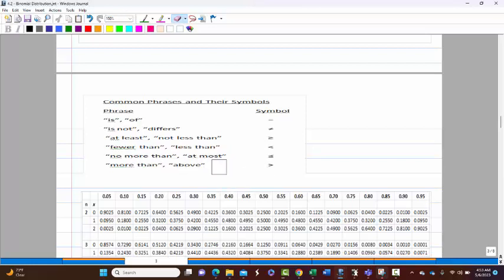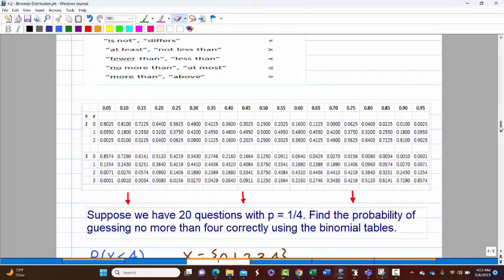No more than, at most, is less than or equal to, if it doesn't just say less than or equal to. More than, above, greater than are all the same thing. It's not my goal here to trick you, but we do have to be able to read these things and turn them into the proper symbol to get the proper probabilities.